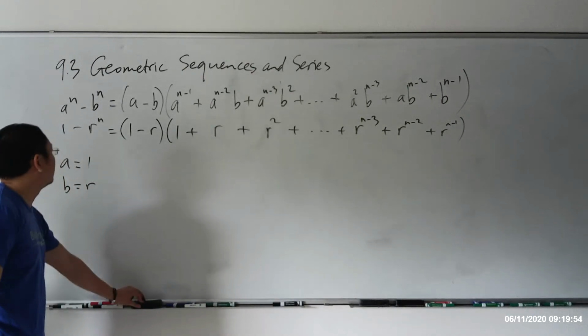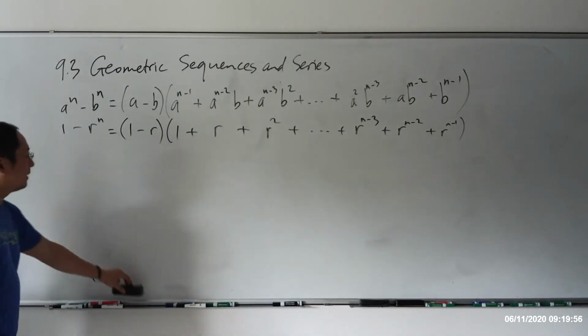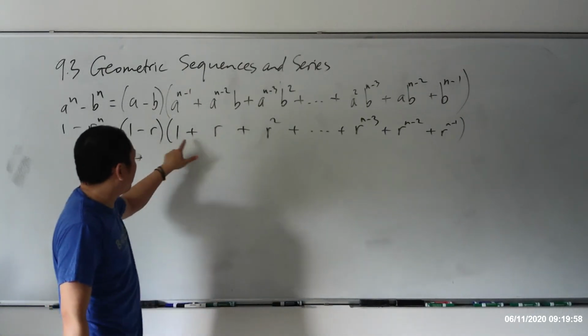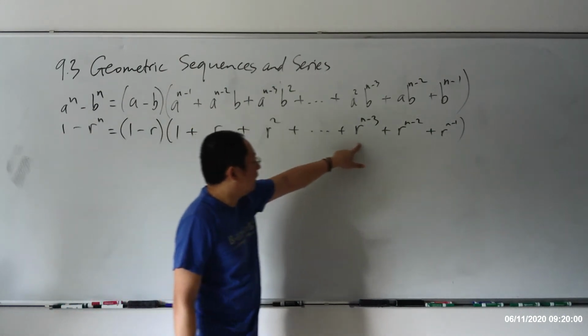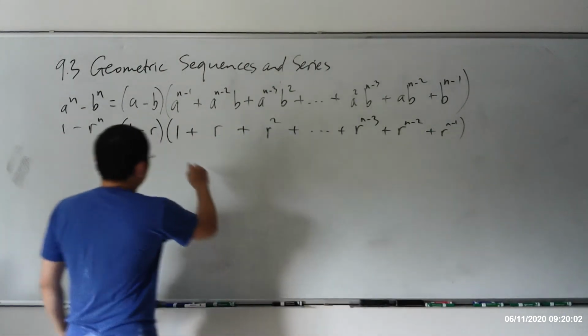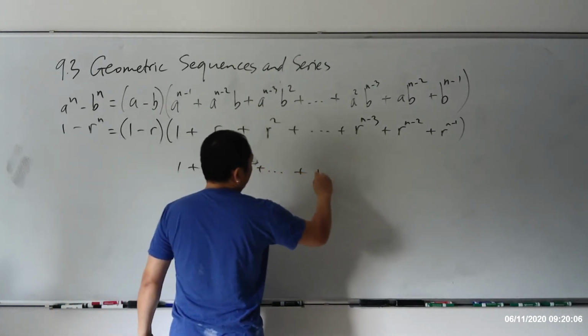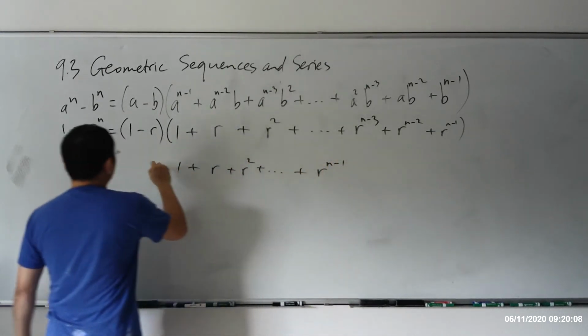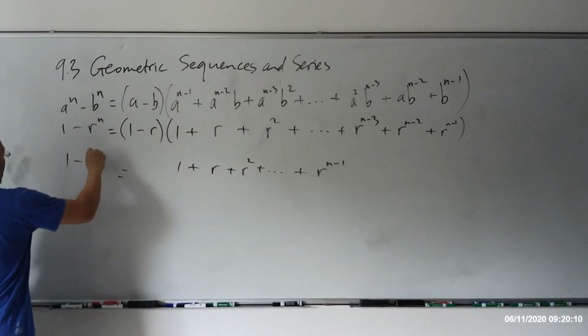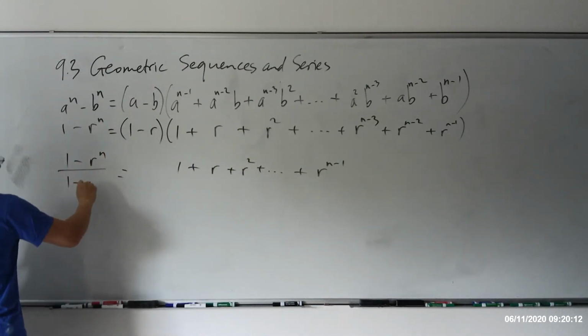So the sum 1 plus r plus r squared, all the way to r to the n minus 1, is equal to 1 minus r to the n over 1 minus r.